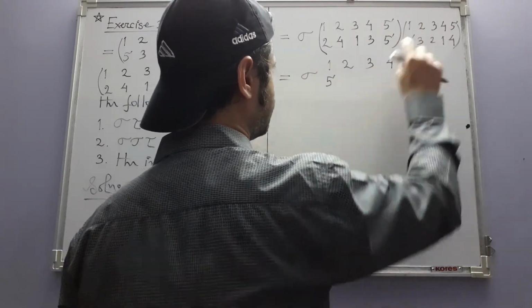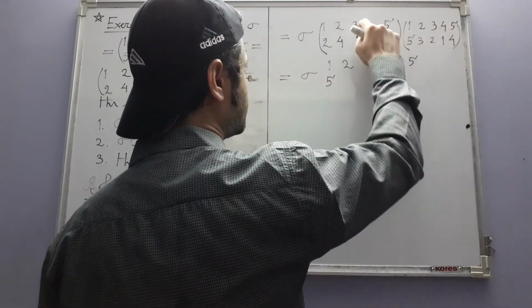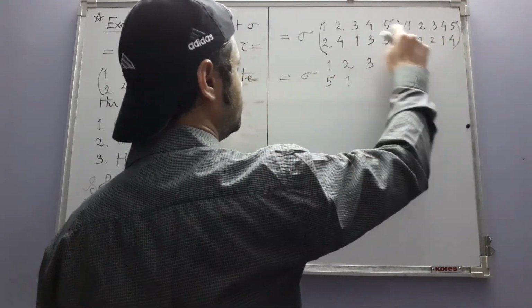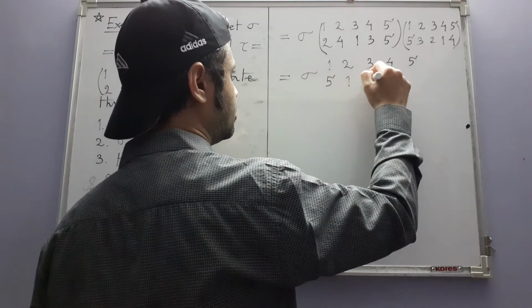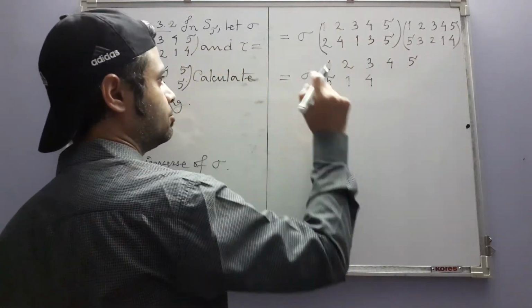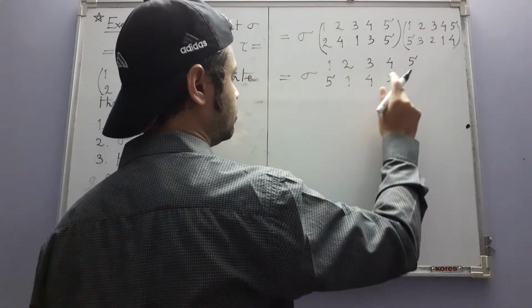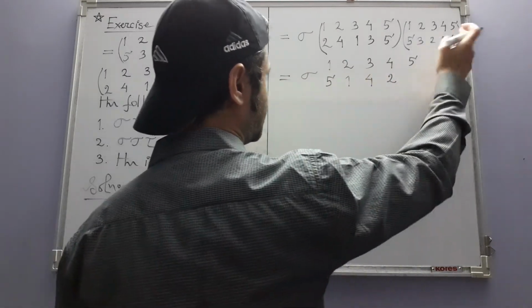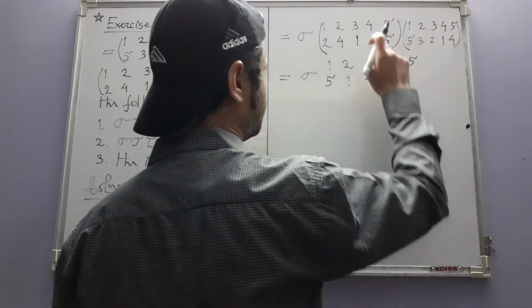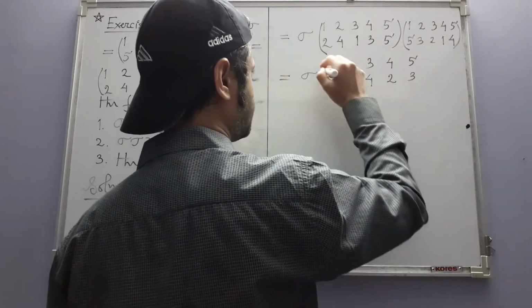So 1 to 5. 2 to 3, 3 to 1. So 2 to 1. 3 to 2, 2 to 4. So 3 to 4. 4 to 1, 1 to 2. So 4 to 2. And 5 will go to 3. But anyway, let us also see here directly. 5 to 4, 4 to 3. Yes.